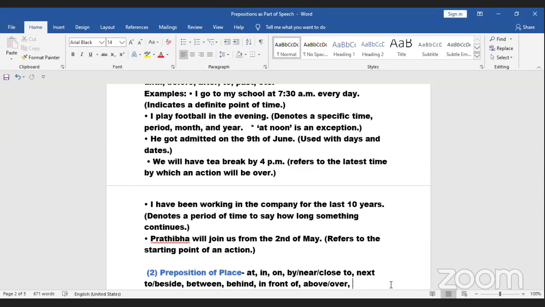Right, since is also a starting point. From this thing, since this time, right? From and since. The difference is that since is only used in perfect and perfect continuous tenses.